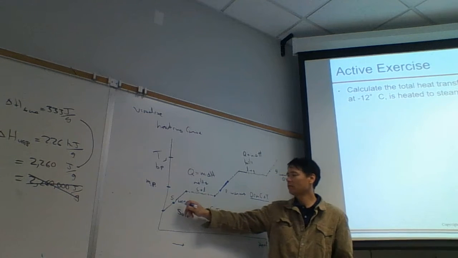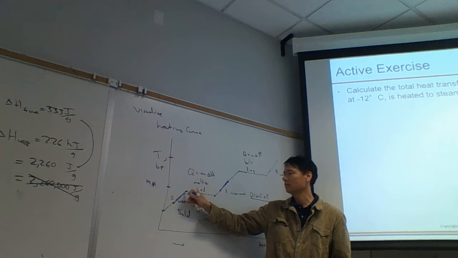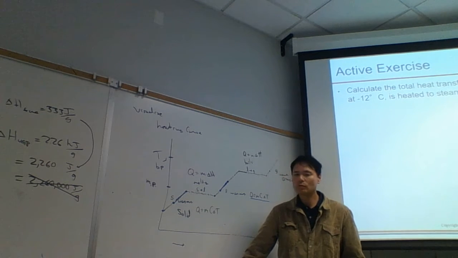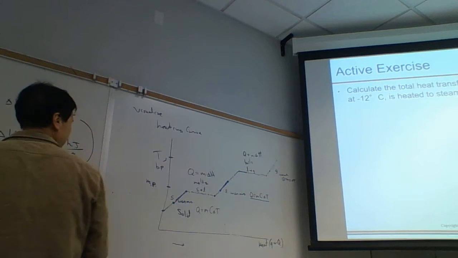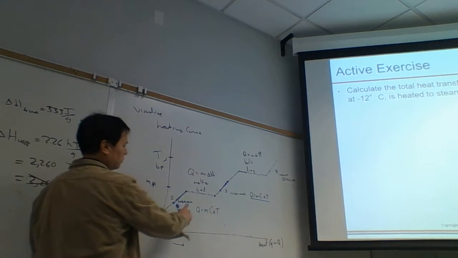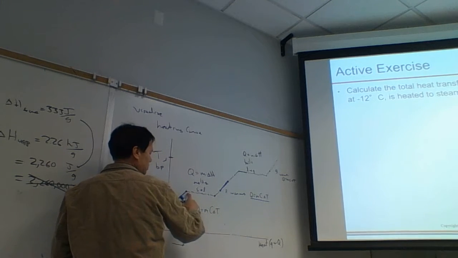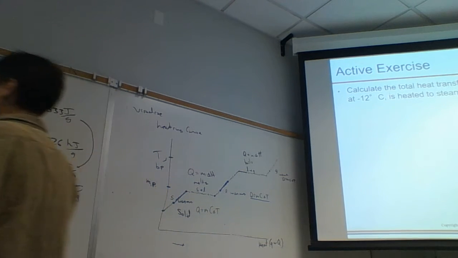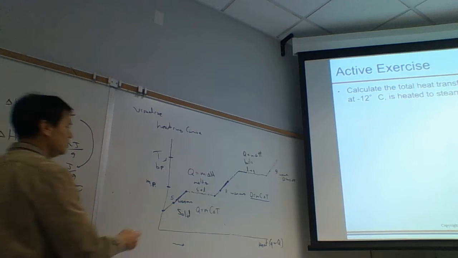If we start here, the first thing that's got to happen is the ice warms up to 0 degrees C. Well, each section has its own equation. So we'll take the first segment and do that calculation. We'll call that step 1, so we'll call this Q1.